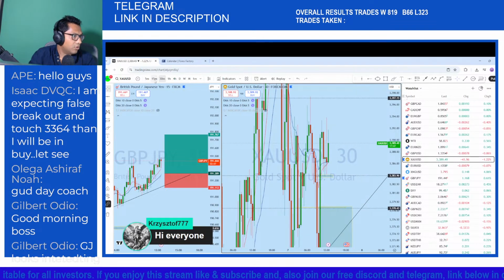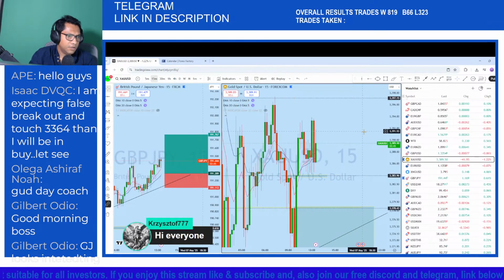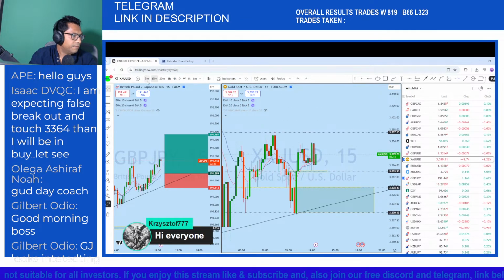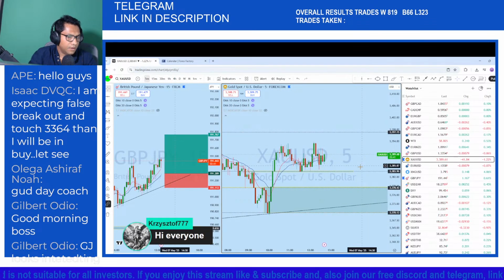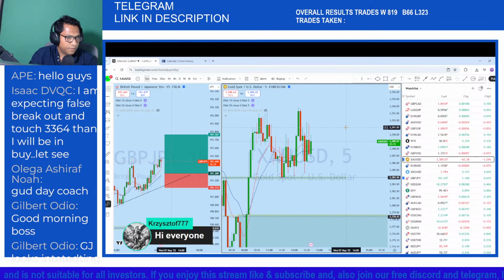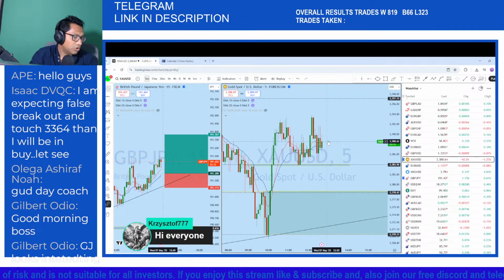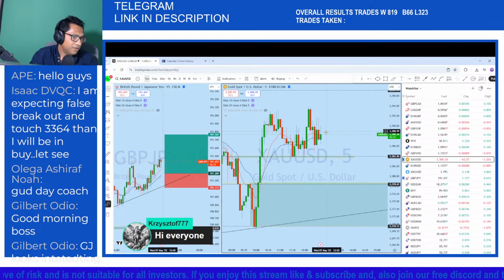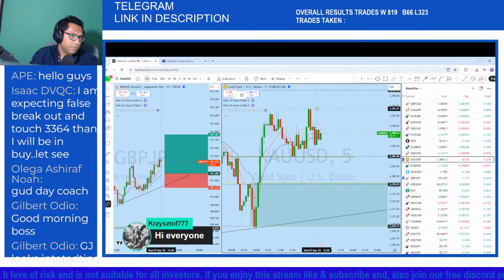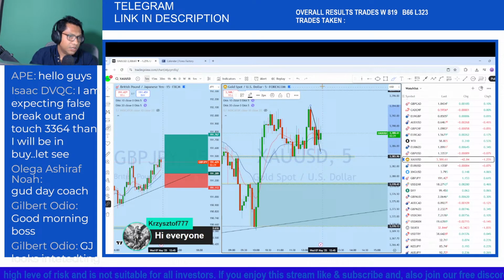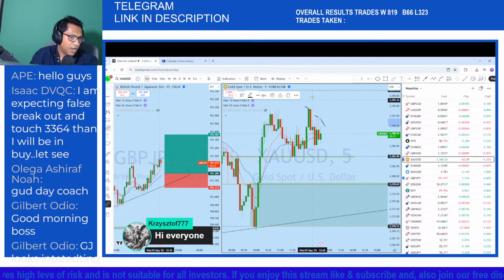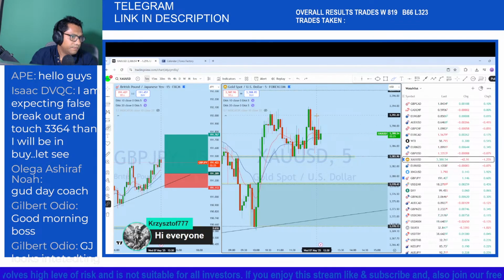This is a very narrow range on gold, and in this narrow range you see the bulls are not getting enough strength to break that, because there is a sharp rejection and also a series of lower highs with long wick candles.